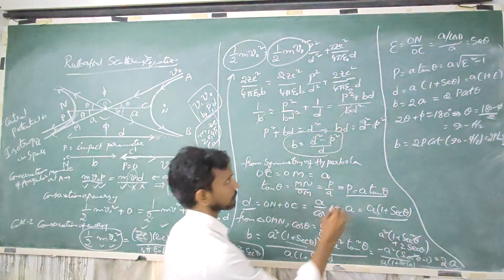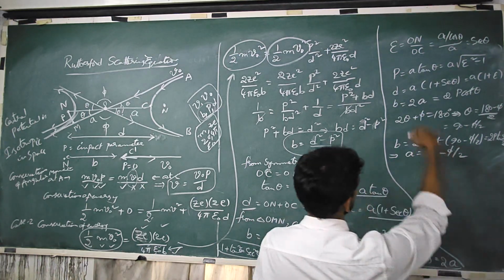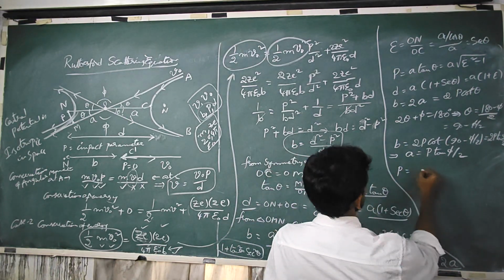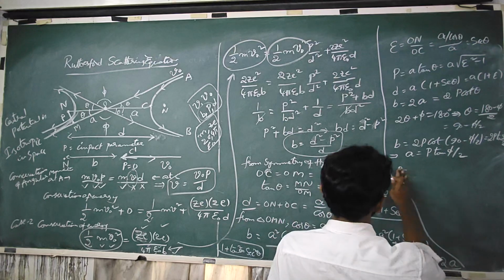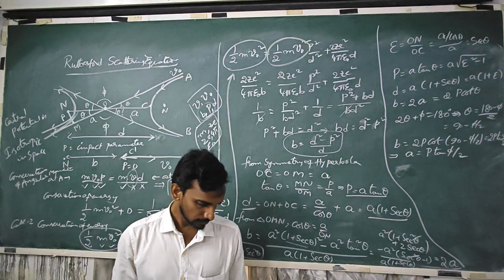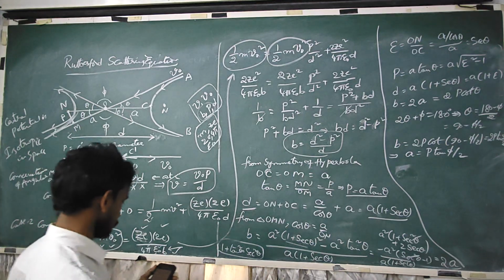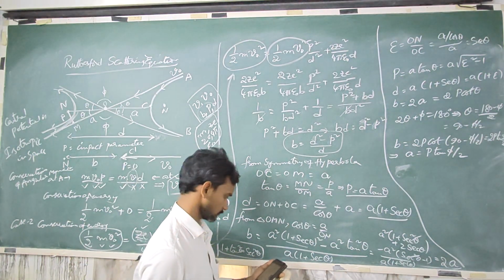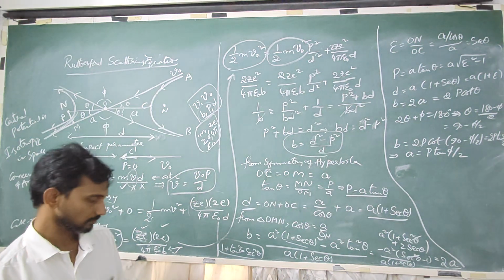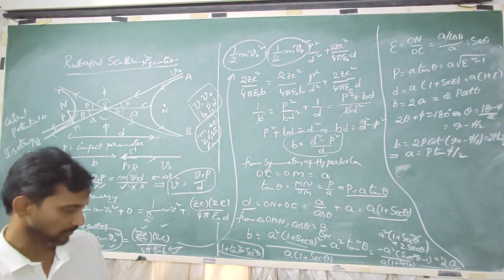So from this, A is equal to P tan phi by 2. So wherever you have A, you can write it in terms of phi by 2. That's all. So D is equal to, what is D then? A into 1 plus epsilon, which is B by 2 times 1 plus epsilon.